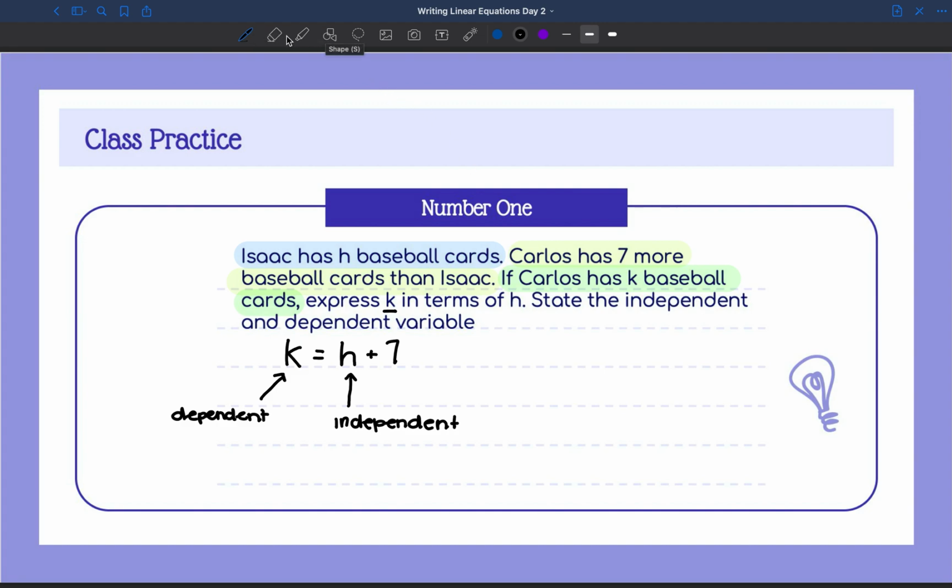So our linear equation would be this, and our independent variable would be H, and our dependent variable would be K. So you want to remember that the dependent variable depends upon the value of the independent variable.